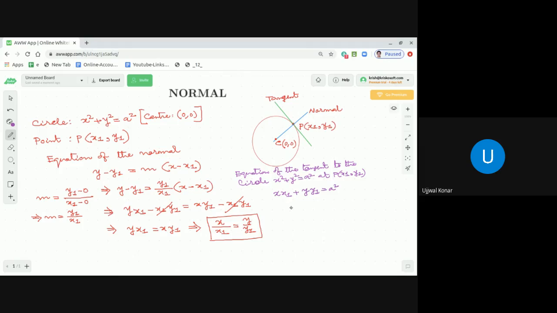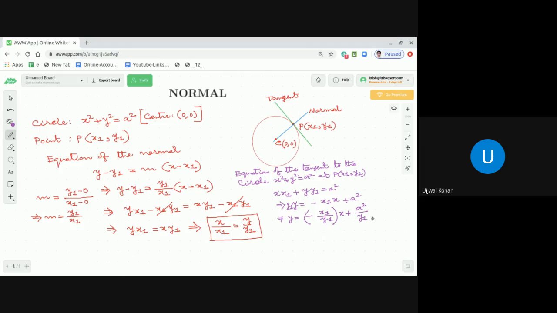So from here, what is our target, dear students? To find the slope of the tangent. So y is equal to minus x1 by y1 into x plus a square by y1.